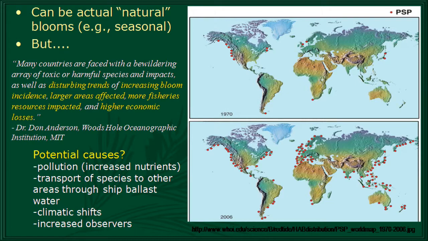And then there's also the fact that you can't discount that there are more people aware of HABs, so you have increased observers reporting cases in different areas. But more and more, those other causes in terms of human activity, pollution, and transport, and possibly climatic shifts, I think are really large culprits in this increasing HAB occurrence globally.